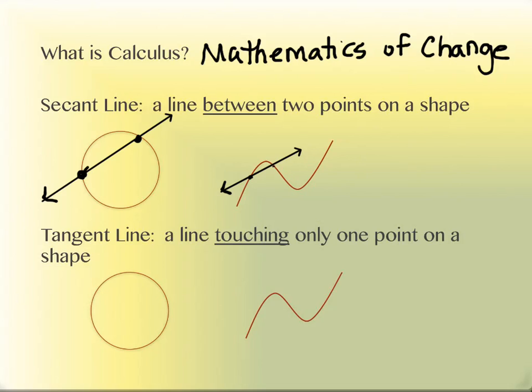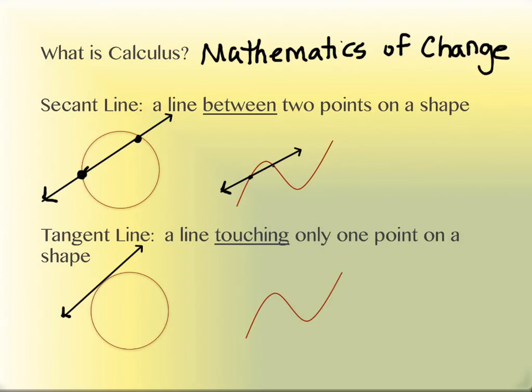Now, a tangent line doesn't look like that, does it? So a tangent line, instead of cutting through the curve, kind of looks like it rests on the curve. So when we looked at it in terms of a circle, you saw something like that. So it just touched the edge of the circle.